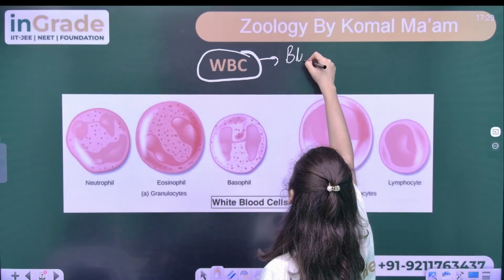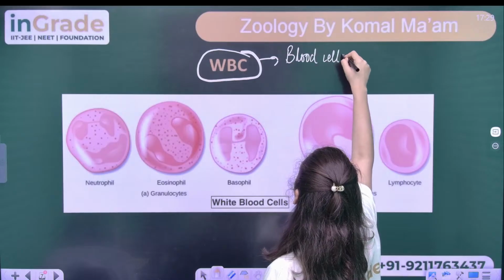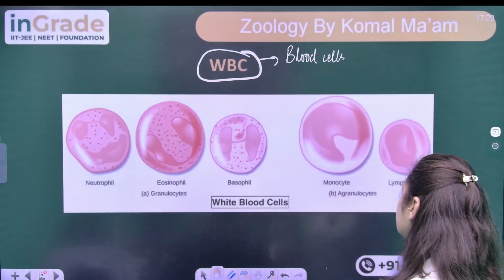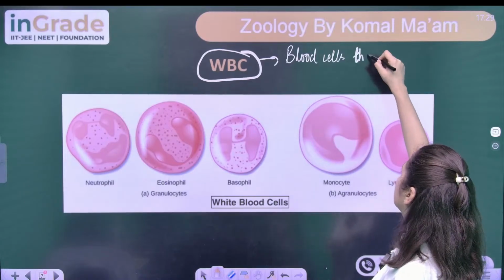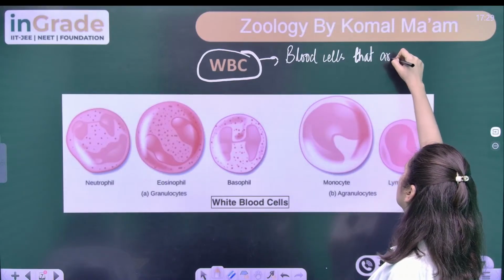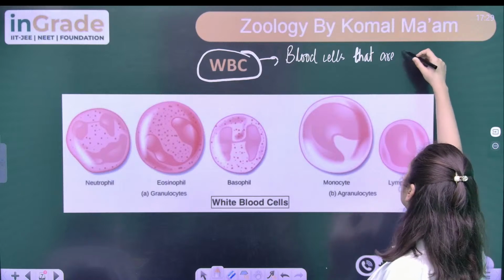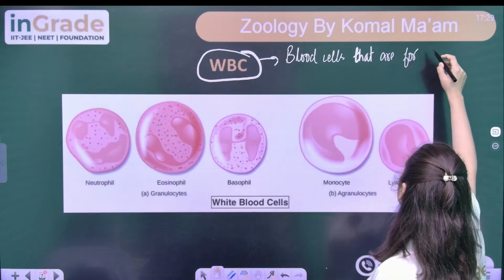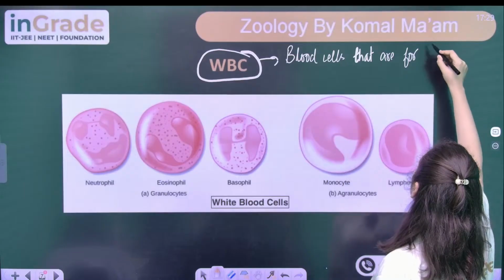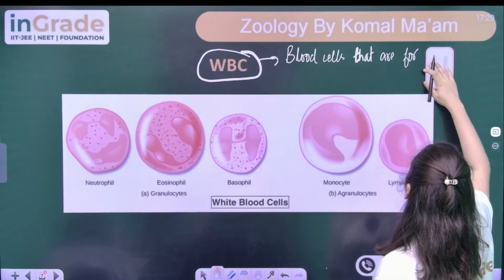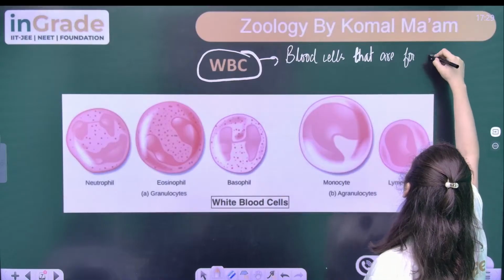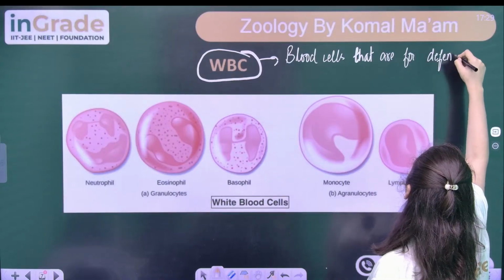These are the blood cells, basically, that are for killing or for the defense mechanism, defense system.